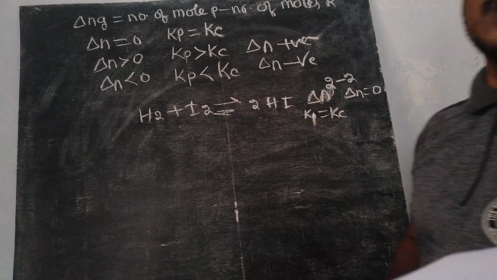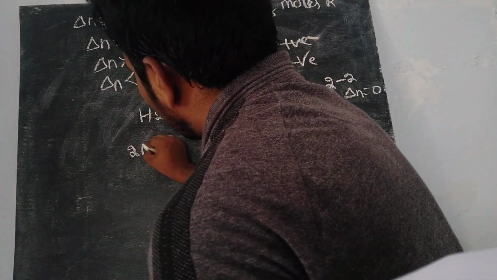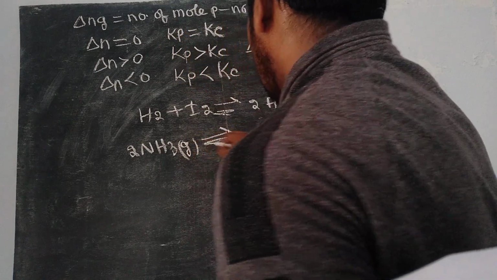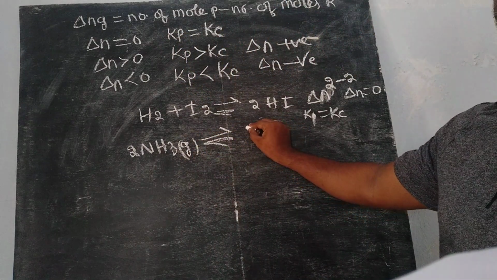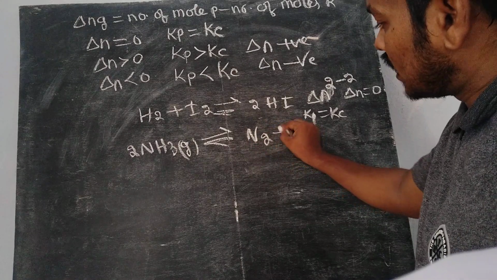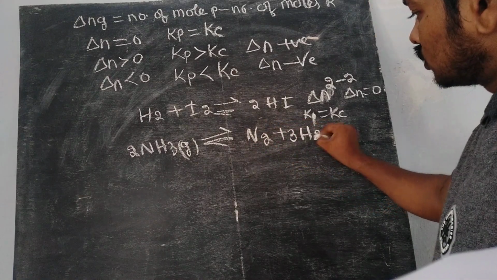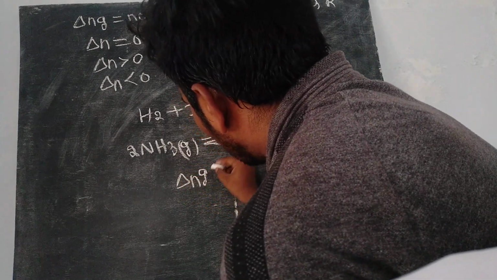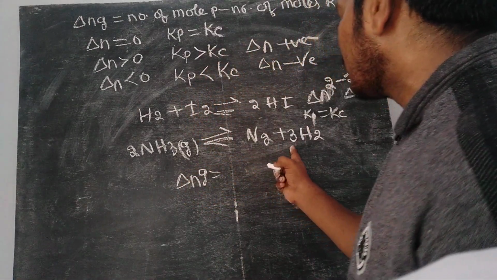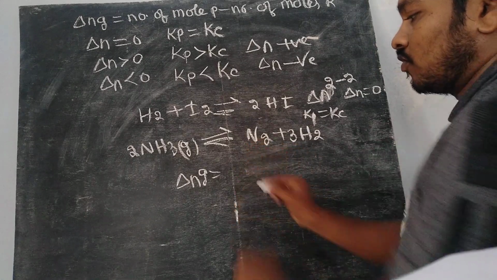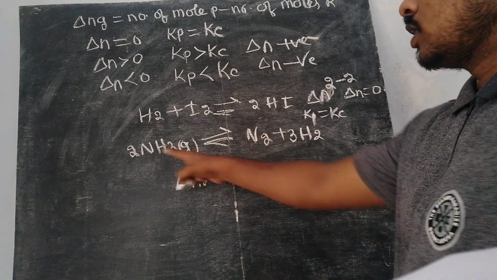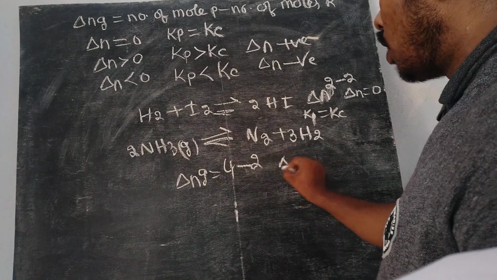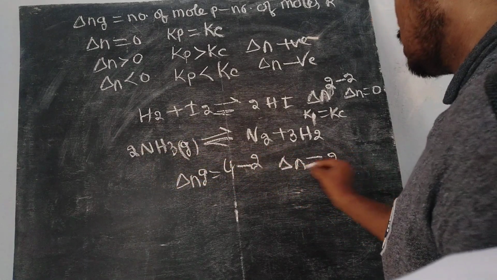So next one you can see, 2NH3, ammonia, is dissociated into N2 plus 3H2. For this reaction also we have to calculate delta Ng, which is the number of moles of the product, 3 plus 1, 4, minus the number of moles of the reactant, 2.